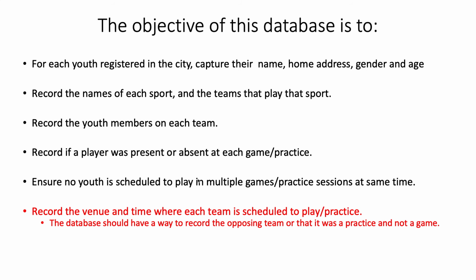Record the venue and time each team is scheduled to play or practice. The database should have a way to record the opposing team so that it was a practice and not a game.